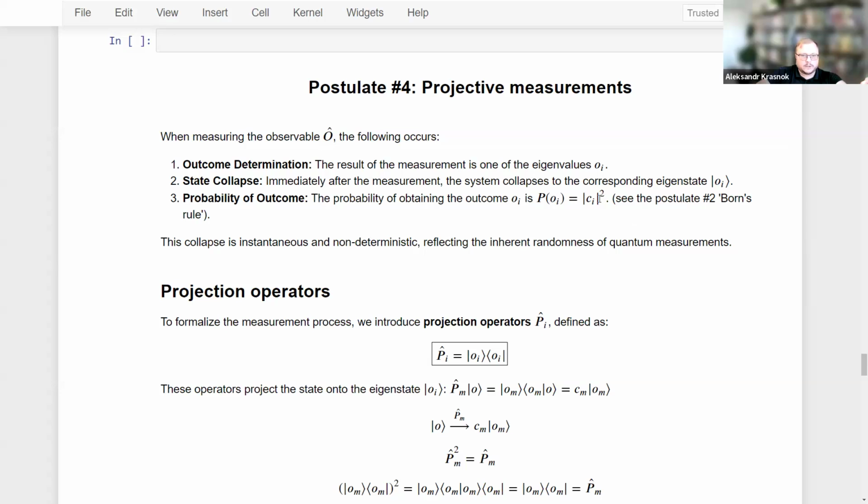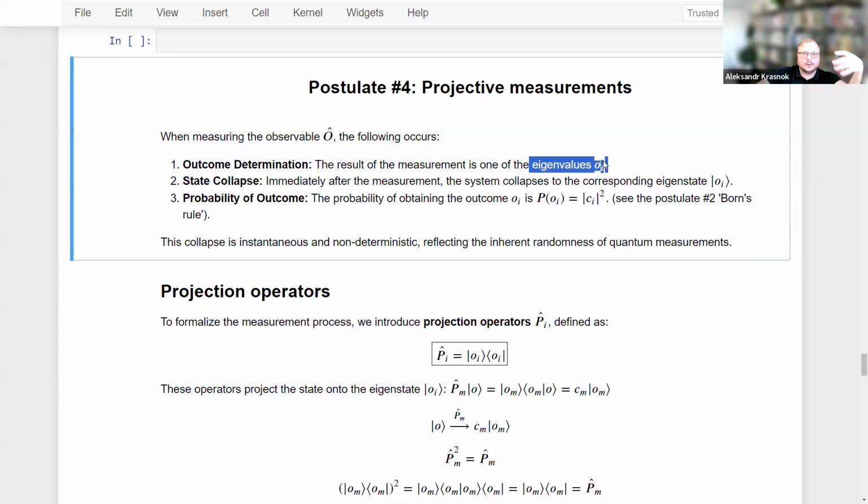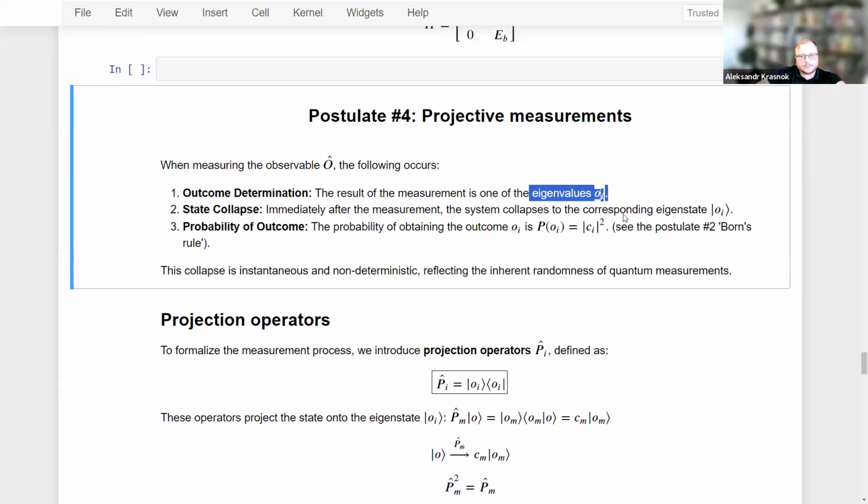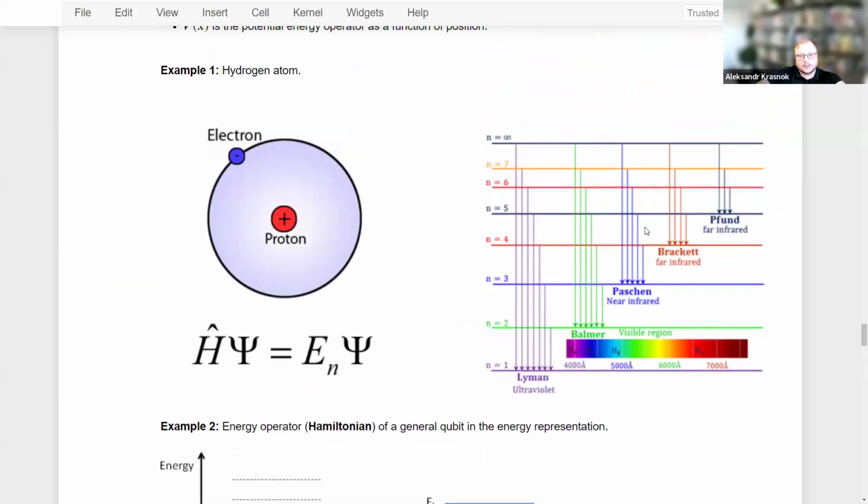As a result of a measurement, we can get only one of the possible eigenvalues of the observable operator. Like here, for example, there are many different energy levels, but when we measure the system, we will always find the electron in one of these energy states, and not somewhere in between.